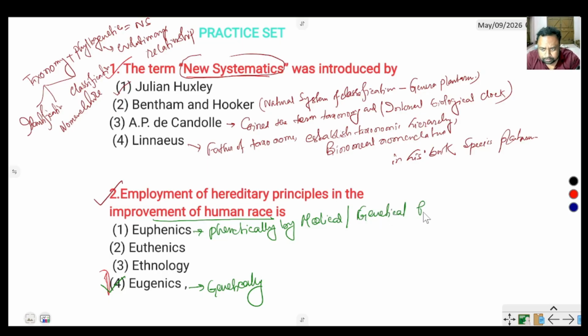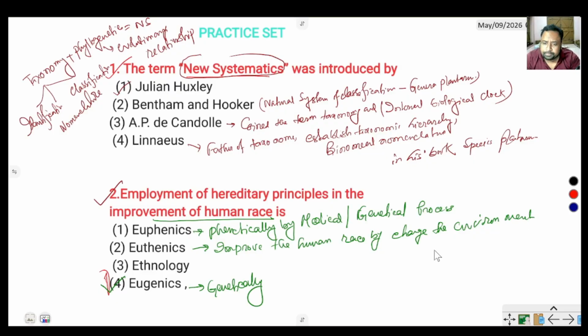What is the meaning of euthenics? Euthenics means improving the human race by changing the environment, like better nutrition, education, sanitation, etc.